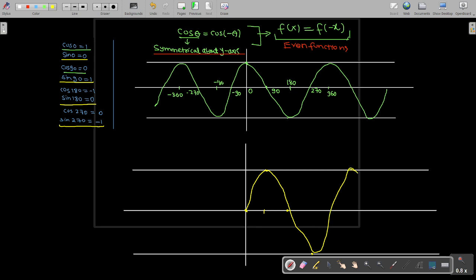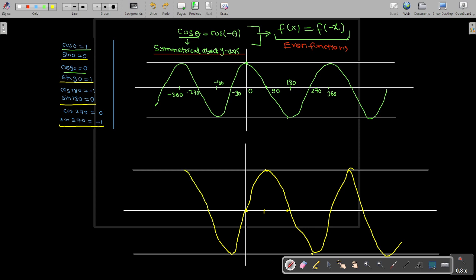Does tan have a graph? Every function has a graph. Where does the tan graph start from, like the cos graph starts from the top and the sine graph starts from 0?